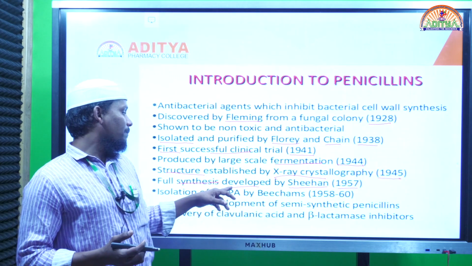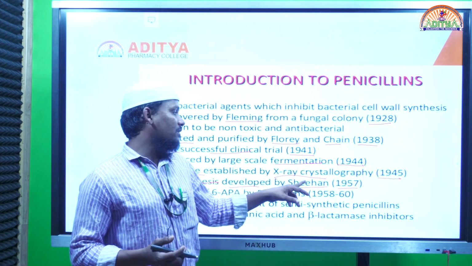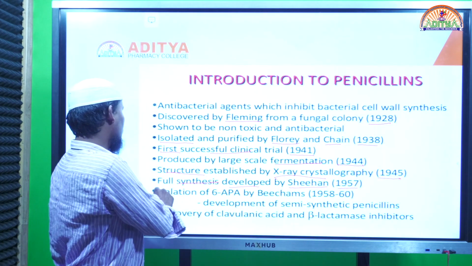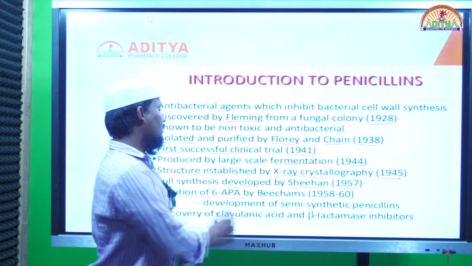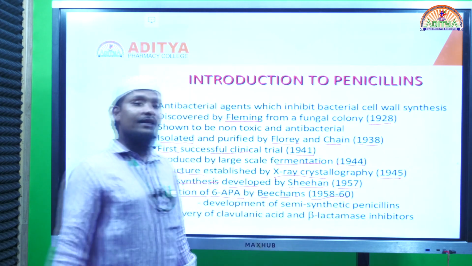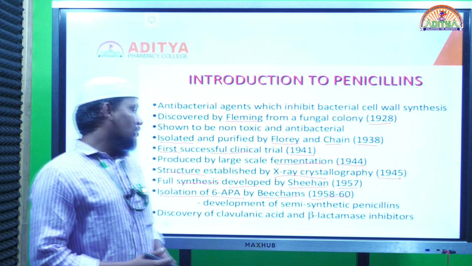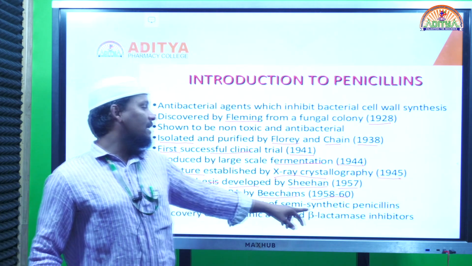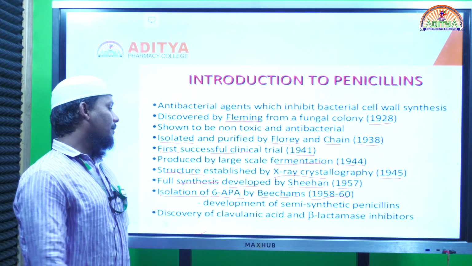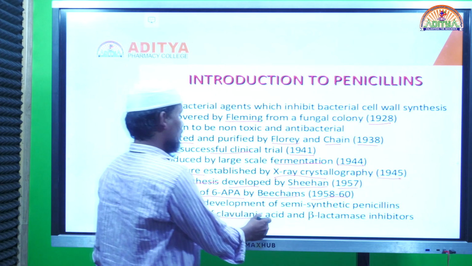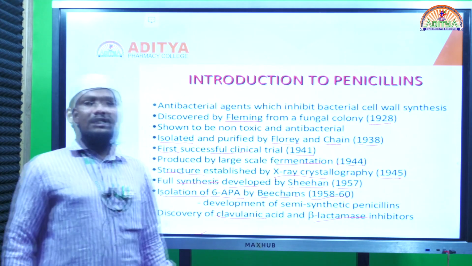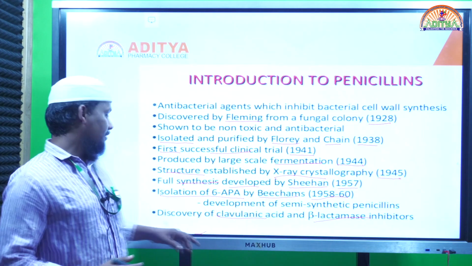Similarly, 6-APA was isolated by Beecham in 1958, followed by the development of semi-synthetic penicillins, and the discovery of clavulanic acid and beta-lactamase inhibitors. These are produced with semi-synthetic methods in the laboratories.